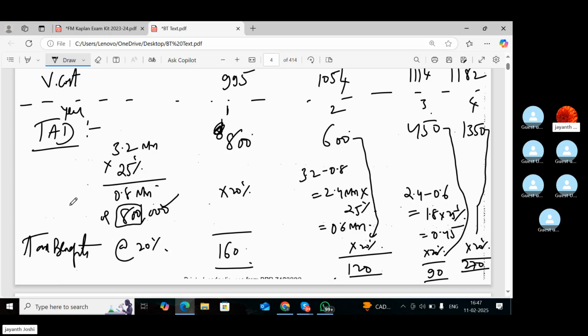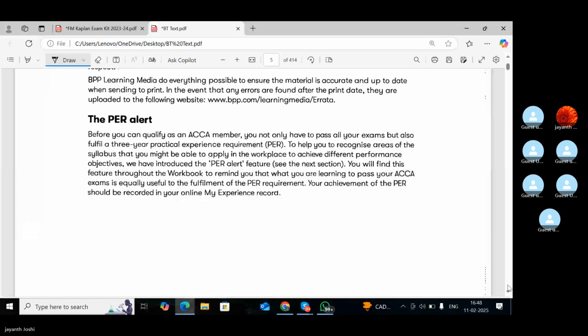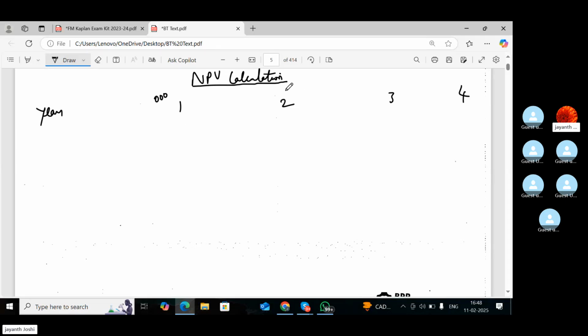Okay, now we will do the NPV calculation. The working notes are done. Let's go for the NPV calculation. To calculate the NPV, we have to start from the years 1, 2, 3, 4. 3 zeros are omitted every year.